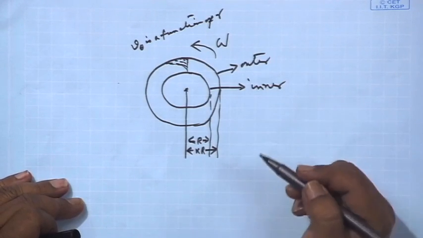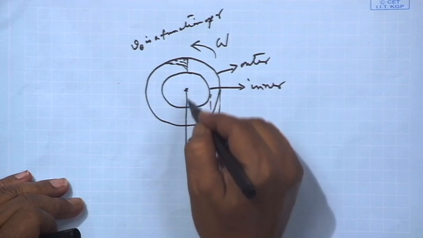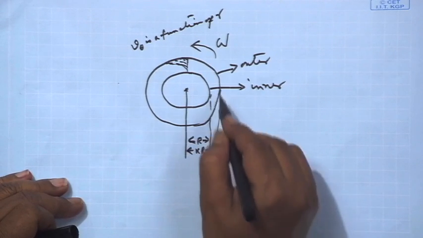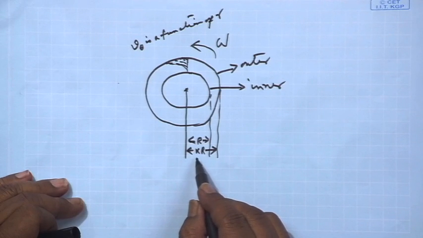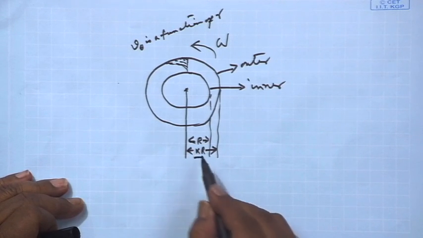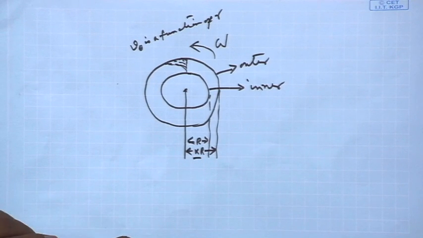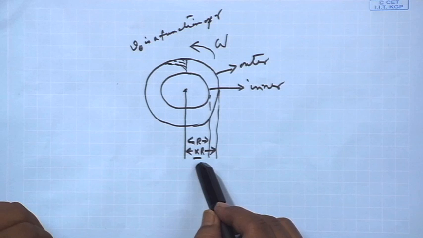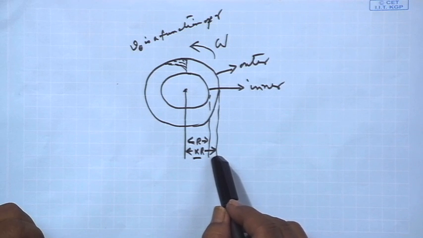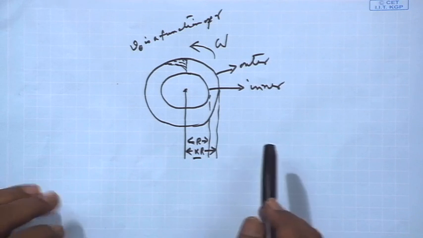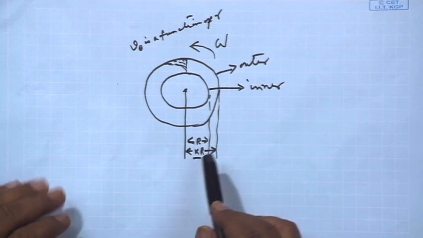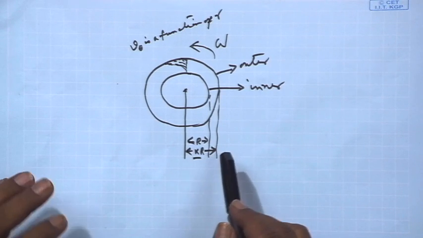The inner cylinder has a radius of r, and the outer cylinder has a radius of a multiple of r, say kr. That k is a constant which we do not know. It can be anything: twice r, half of r, 0.3 of r, 1.8 of r, whatever value you assign. It does not matter. We have to find this out.